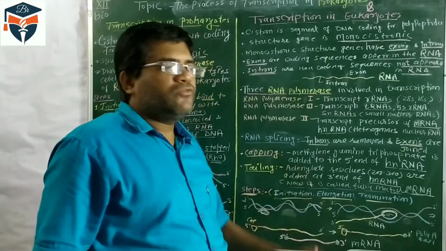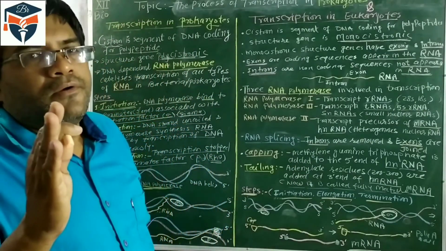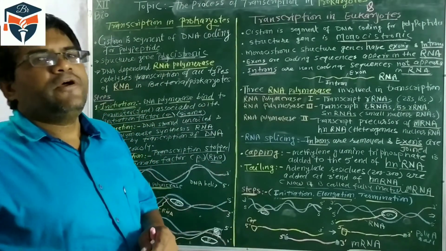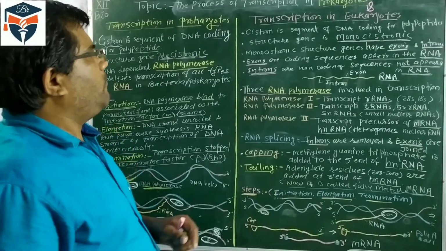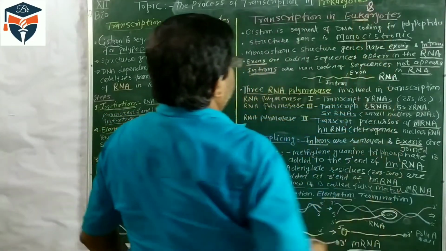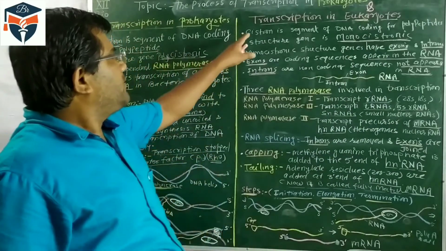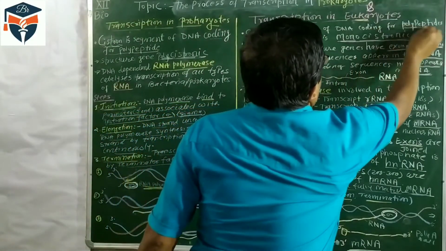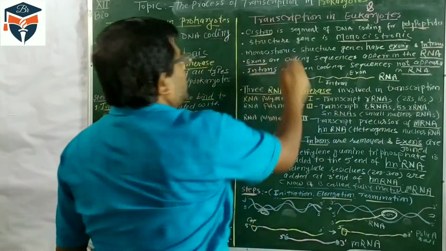Now we have to discuss what the differences are in the transcription process in the eukaryotic. Let's know. Transcription in eukaryotes. First, as I told you, the segment of DNA coding for a polypeptide is called a cistron.